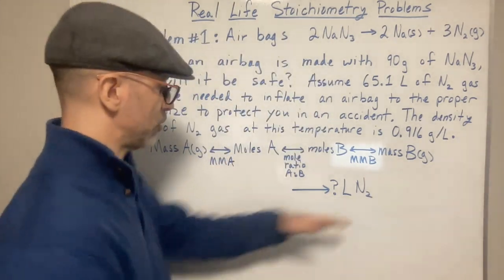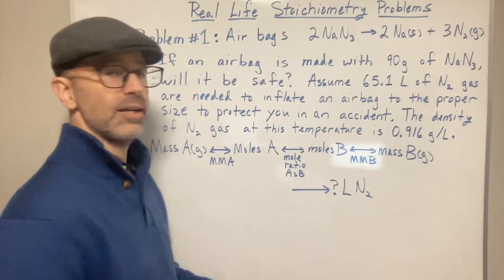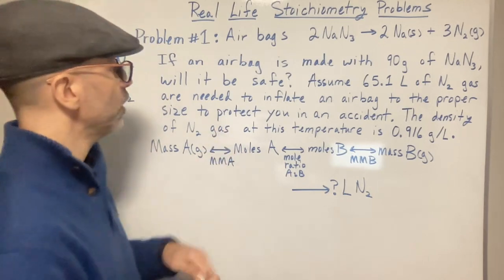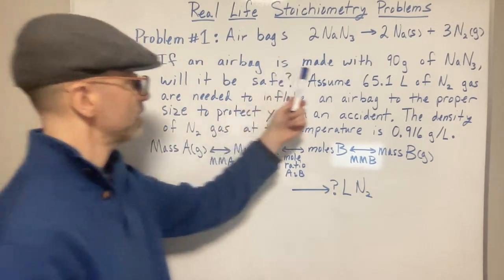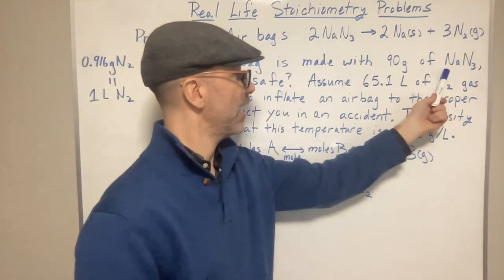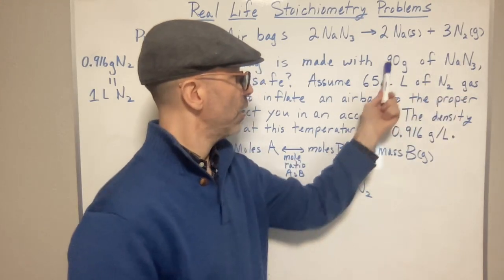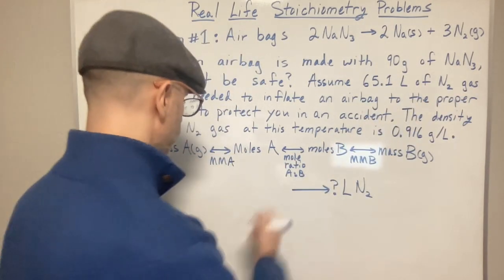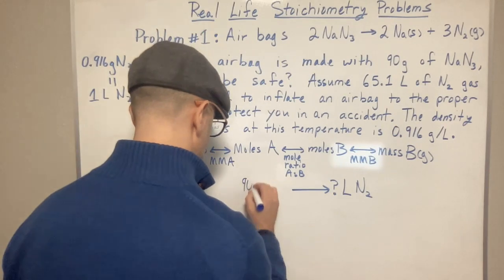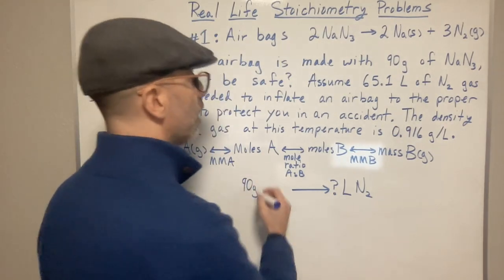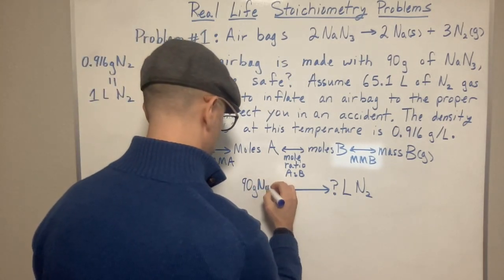How many liters of nitrogen gas? And where do we begin? Well, the only other piece of information they gave us is 90 grams of NaN3. So that's where we need to begin. So we're going to begin with 90 grams of NaN3.